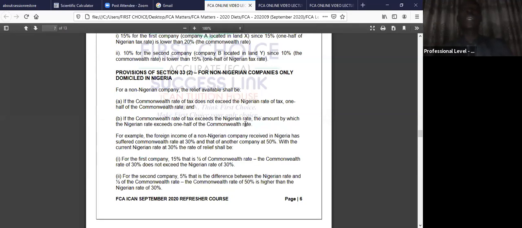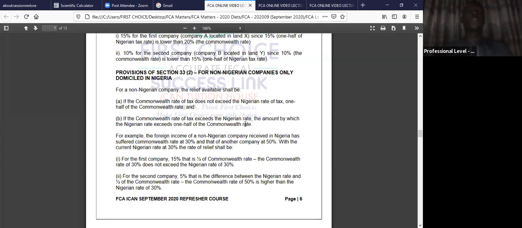If it is smaller than the Nigerian rate, then we are taking half of the Commonwealth rate. So let's look at it again. The Nigerian rate is 30%, the Commonwealth rate is 24%. Clearly, Nigeria is bigger than Commonwealth. You will take half of the Commonwealth rate, which is 24. You take half of it, which is 12. That is what will be used as your relief.